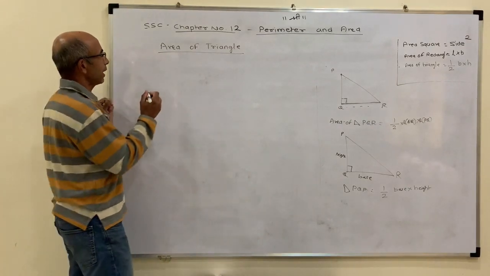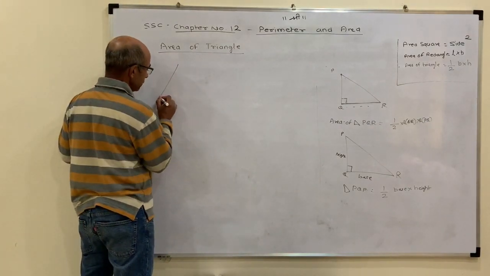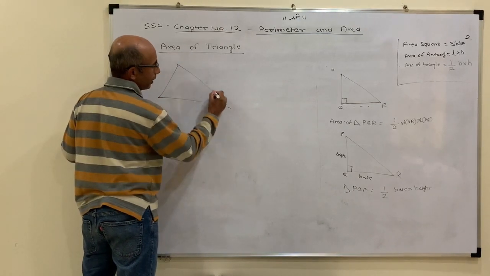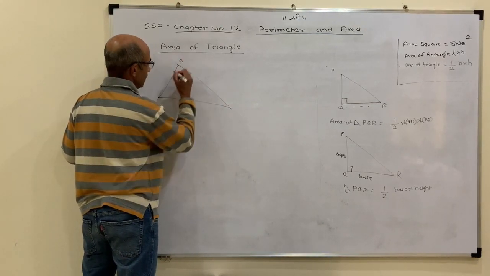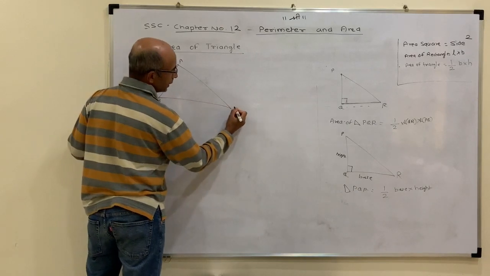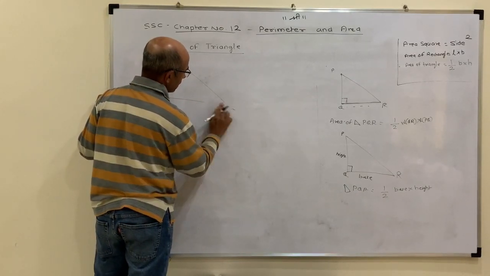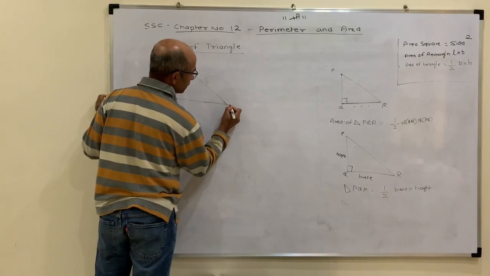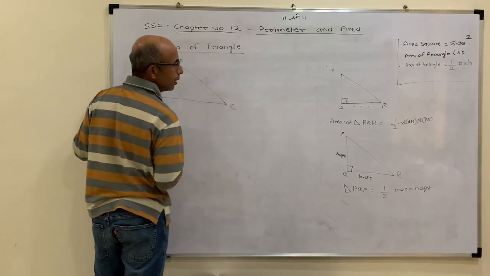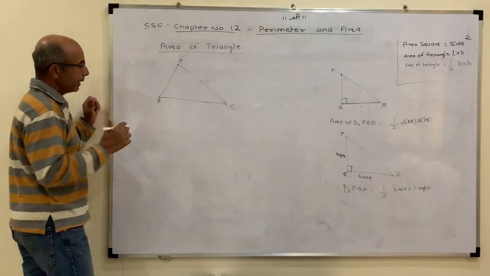But what about the triangles which are not right angle triangles? So this is my triangle A, B, C. Now what does my formula say?